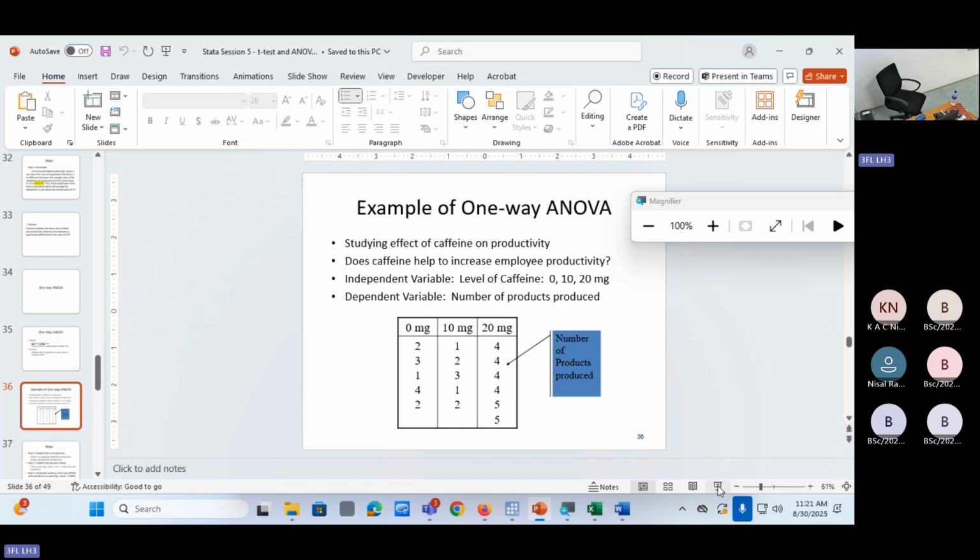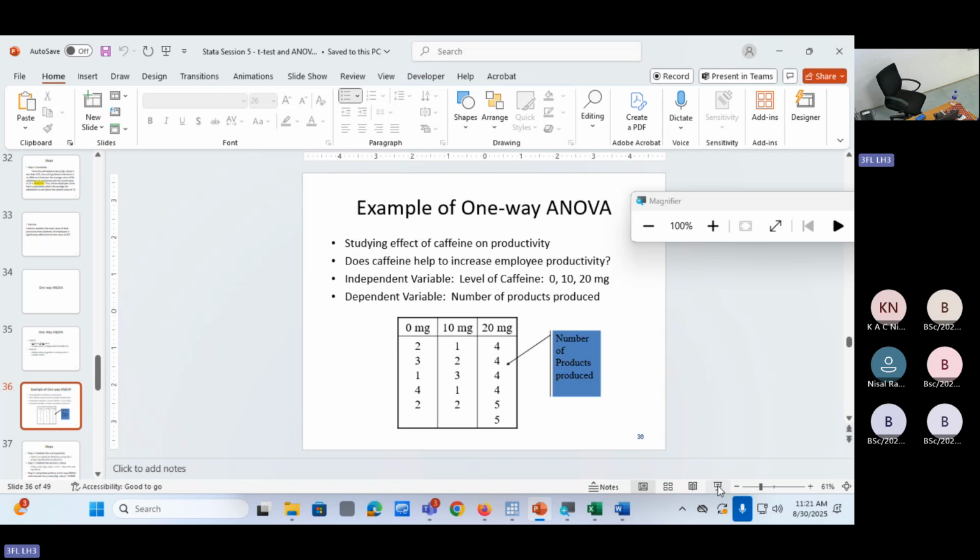In the first group there are 5 employees. Their productivity per 1 hour was measured: 2 items, 3 items, 3 items, 1 item, 4 items, and 2 items. These were the items produced per 1 hour.